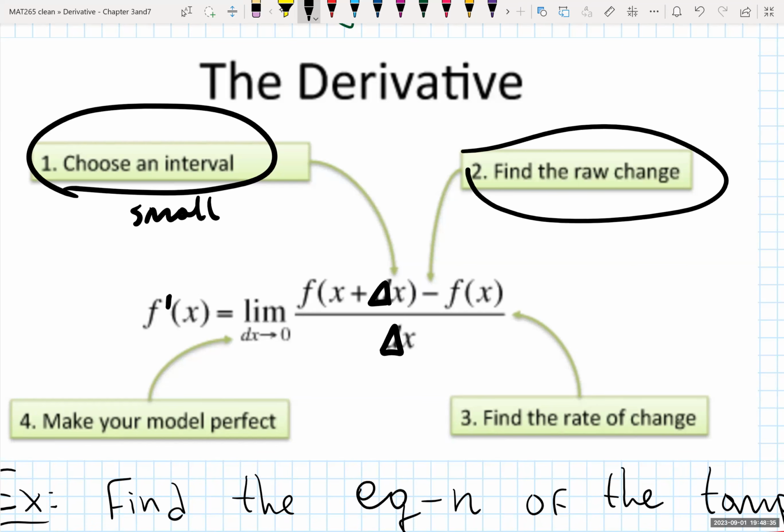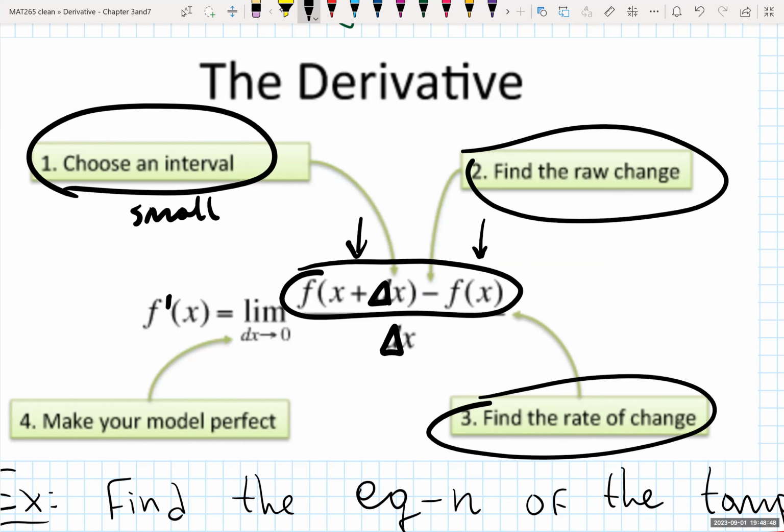Find the change in your outputs, your speed when you passed the policeman and your speed before you passed. Find the rate of change. So you divide by the 3 seconds. For example, it took you 3 seconds to pass the policeman. Probably less than that, but whatever. That is not enough. I don't want 3 seconds. I want 0.0001 second.